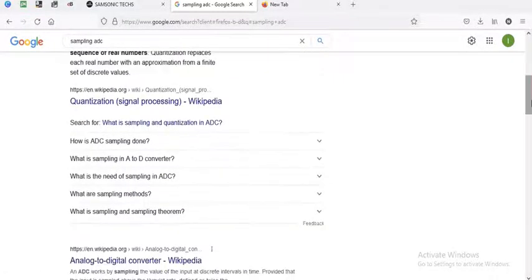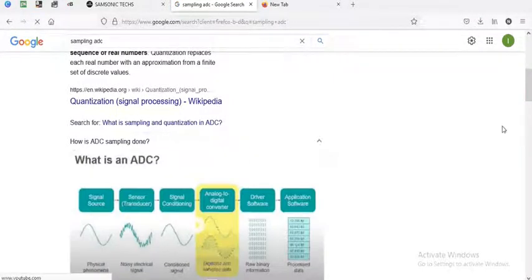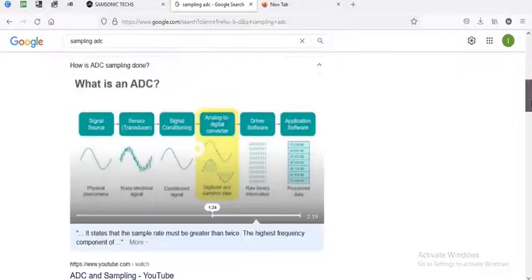So this is how ADC sampling is done. This is a value from the sensor, transducer, signal conditioning, analog to digital converter, the driver software, application software.